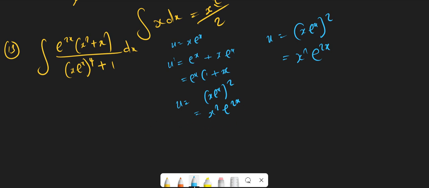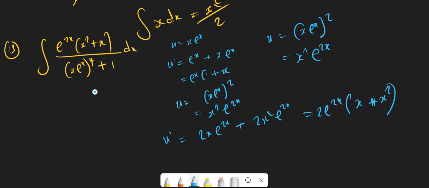Then the derivative u prime would be 2x e to the 2x plus 2x squared e to the 2x. You can factor this as 2 e to the 2x times (x plus x squared). So you can see that we have what we have at the top, except for an extra factor of 2.